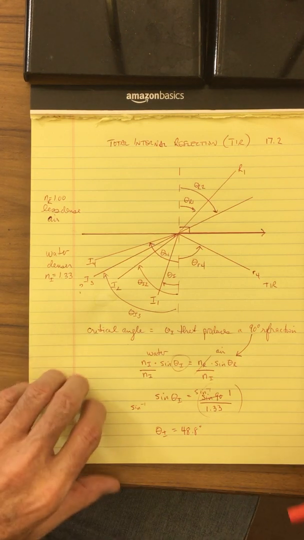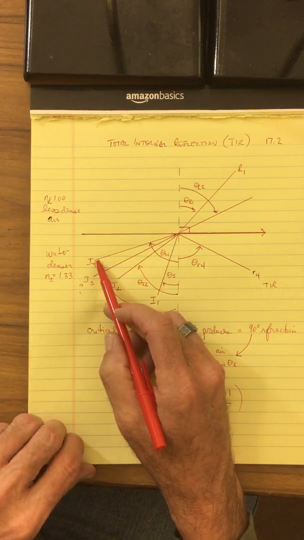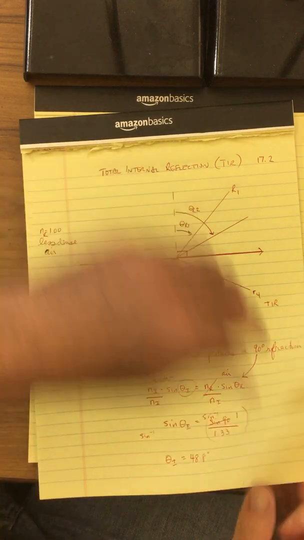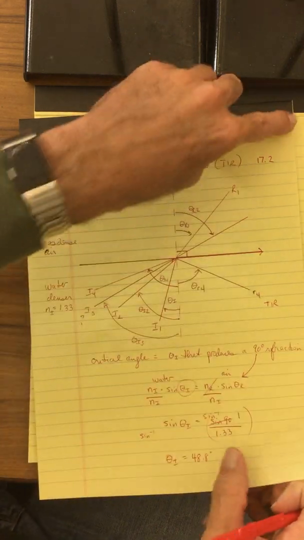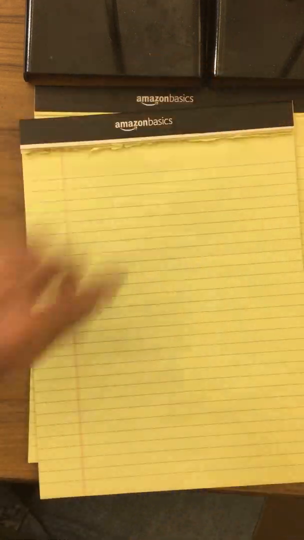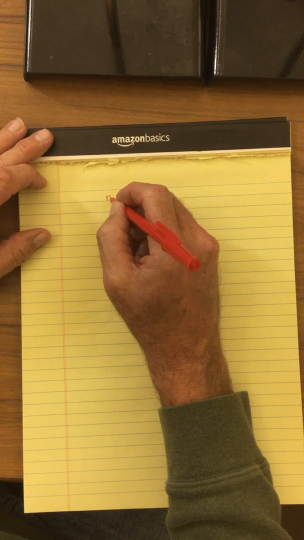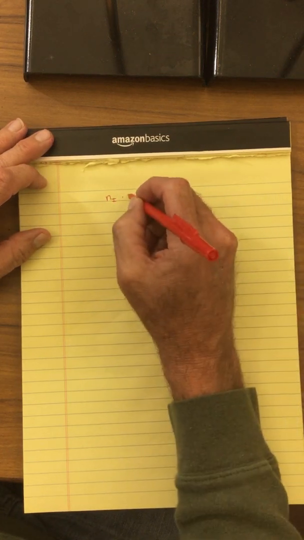So again, let's take a look at what happens if I have an angle such as this right here, which is beyond my 48.8, such as we did in the lab. If that's the case, let's go ahead and we're going to take just even at 49 degrees. So I'm going to rewrite Snell's law.